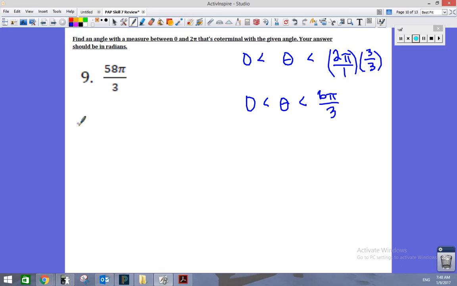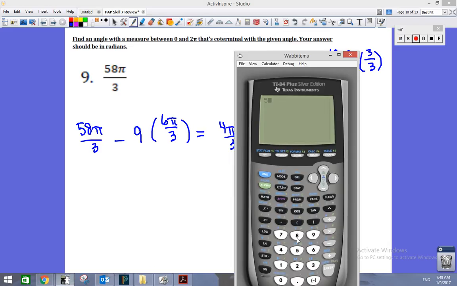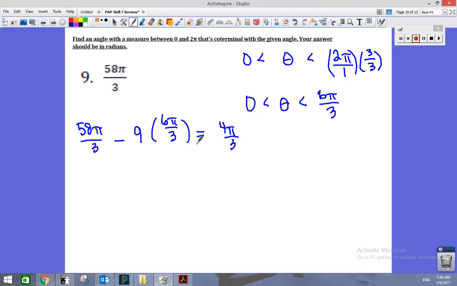If I have 58 pi over 3 and I subtract 9 complete revolutions, then isn't that going to be 4 pi over 3? Yeah, okay.